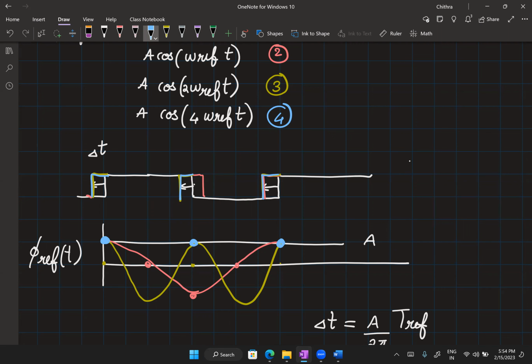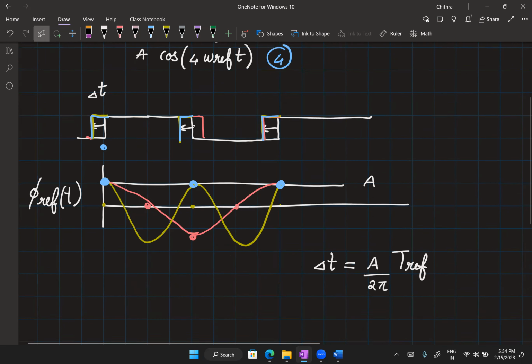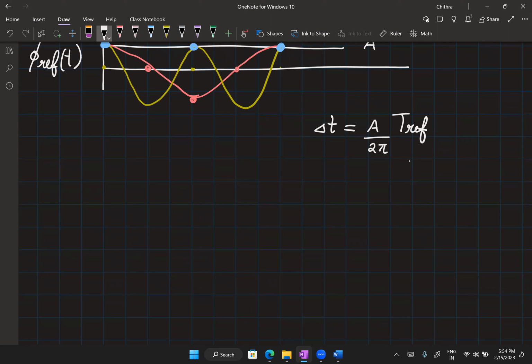Right? Now, if I were feeding a signal like this to my delay lock loop, and a delay lock loop can detect only the rising edges, right? Can it differentiate between DC, omega ref, 2 omega ref, 4 omega ref, etc.? Can it differentiate? Yes, no, maybe. So let me remind you what a delay lock loop is.